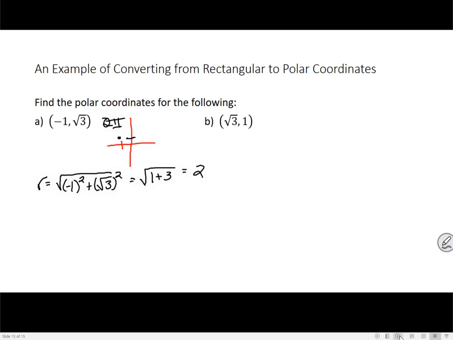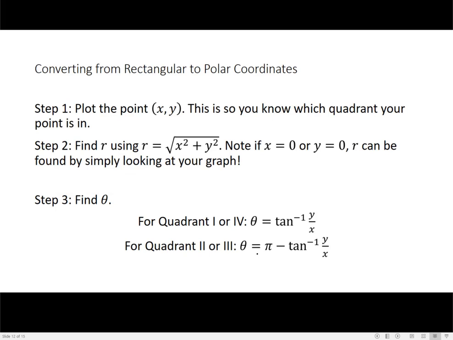Now let's find my angle theta. Since we're in quadrant 2, I need the second formula for theta. Theta is pi minus tangent inverse of y over x. Unfortunately, your calculator is going to give you an answer in the wrong quadrant, probably something in a positive quadrant, so this formula will ensure that you get the answer in quadrant 2 or 3.